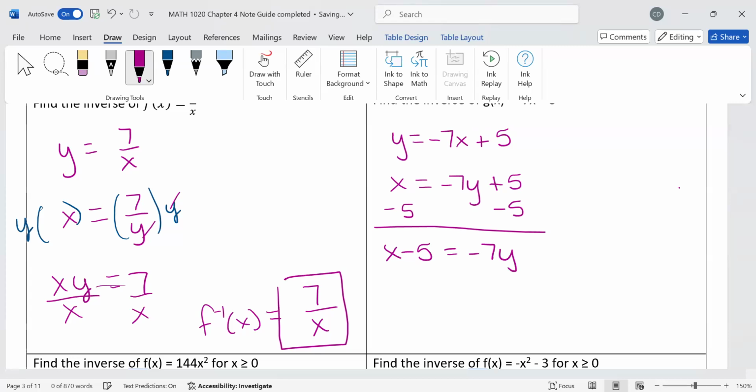And our last step to get y by itself is to divide out the -7. Well, I guess that would be a g. So the inverse of g is x minus 5 over -7.